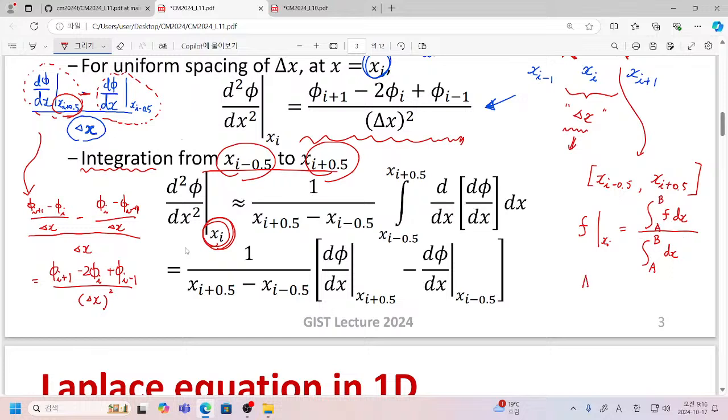Of course, here a is the lower limit of our integral, and b is the upper limit of our integral.